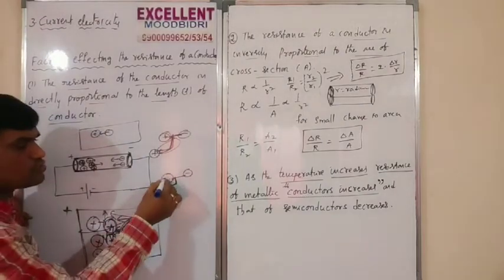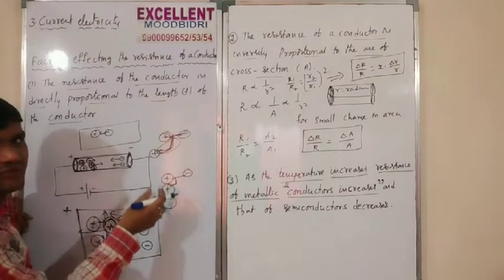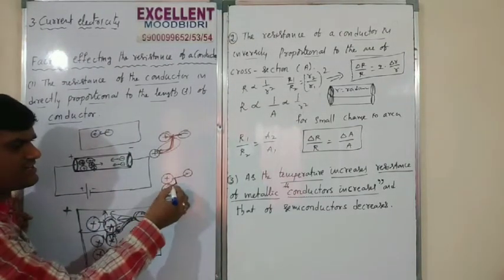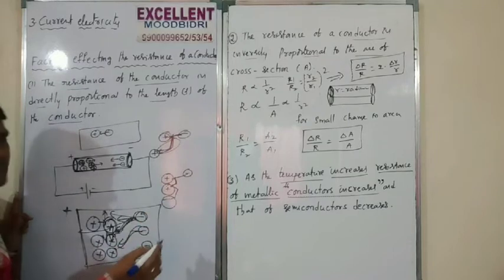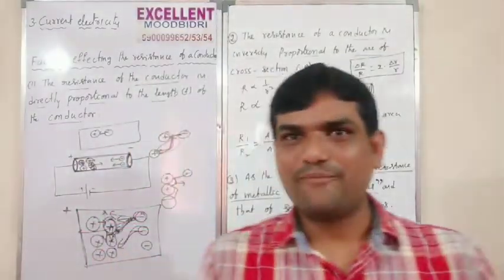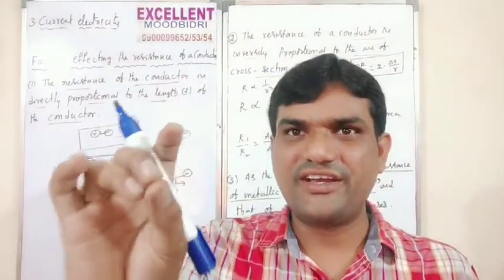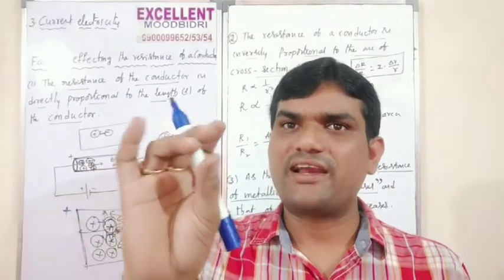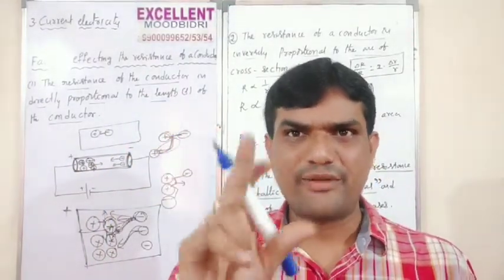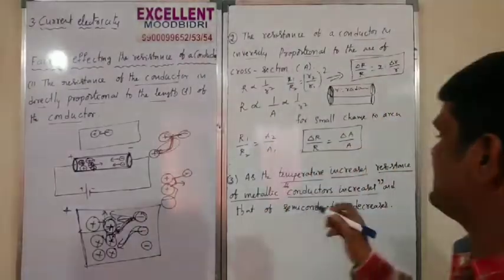But here the relaxation time is very less. Why? Because the molecules are very near, that means the vibration is more. It can hit here, again hit here. That means here the relaxation time decreases. When the resistance increases, the relaxation time should decrease. Remember this formula, which I already gave in the last class also.